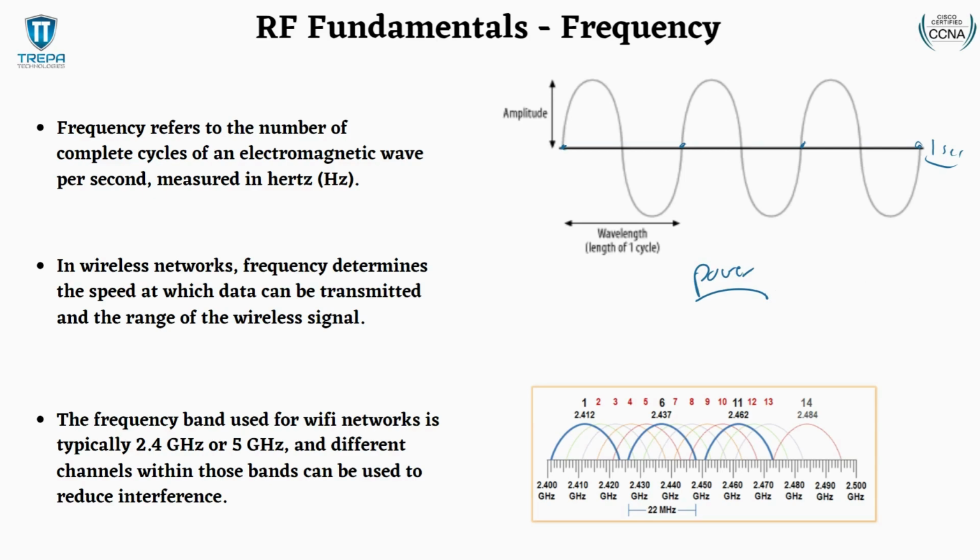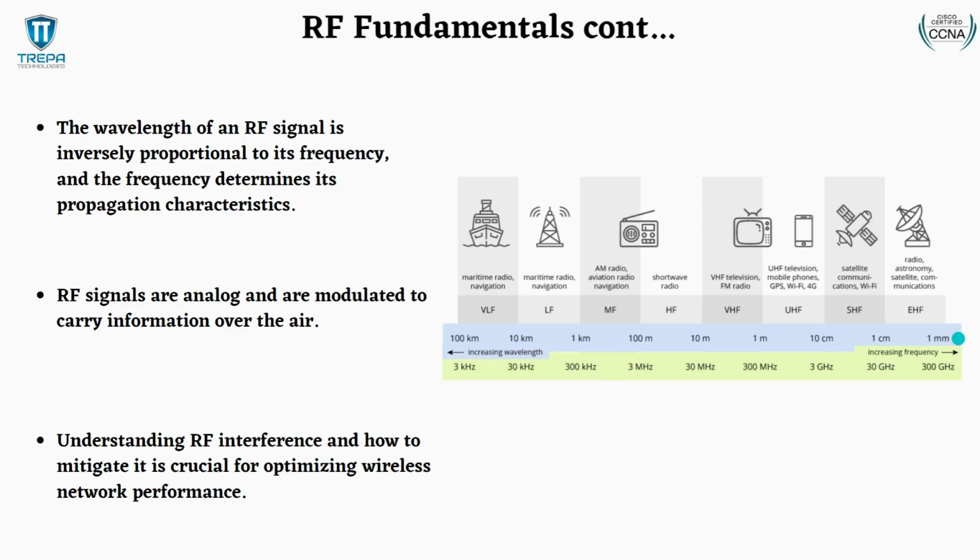Because if we go back to our chart, going over the signals, you notice this EHF. Well, if that's going to get us the most data transfer, the most transmission rate, the most bandwidth, why not just always use it? There's a lot of reasons.